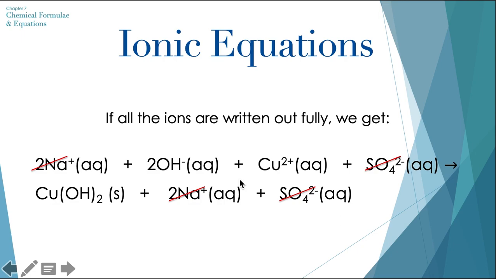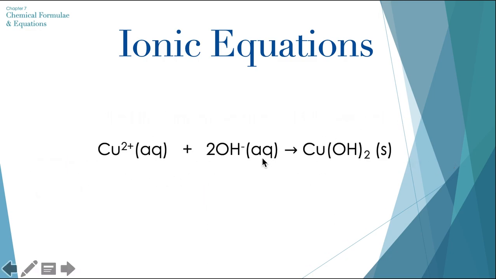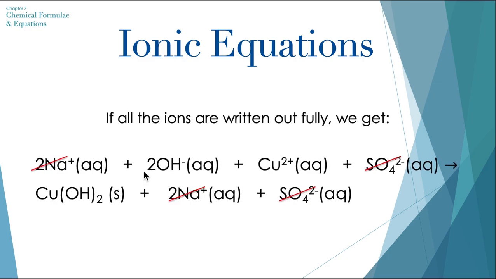And it is simpler when writing ionic equations to leave out spectator ions. So we cut down all these sodium and sulfate ions, we remove them, and the ionic equation for the reaction then becomes simply this: copper plus hydroxide gives copper hydroxide. Because sodium and sulfate were present in the beginning and in the end, and they remain unchanged.